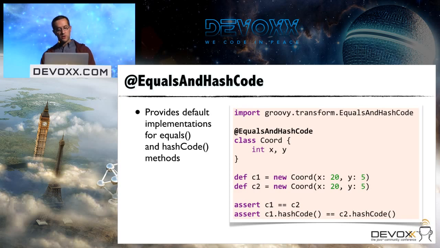And tuple constructor. In the previous example, you see how we use named arguments, coord x colon 20, comma y colon 5. That's named arguments. Actually, it's going to call the default constructor, then call each setter in turn. So it's going to call set x 20 and set y 5 after the constructor has been called.